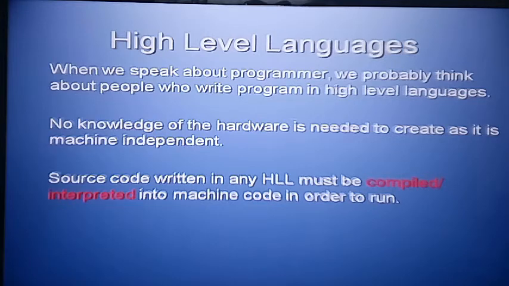Whatever you write in a high level language, it must then be compiled and interpreted. This is compulsory for every language. Why? Because a high level language is converted to the machine language with the help of a compiler and interpreter.